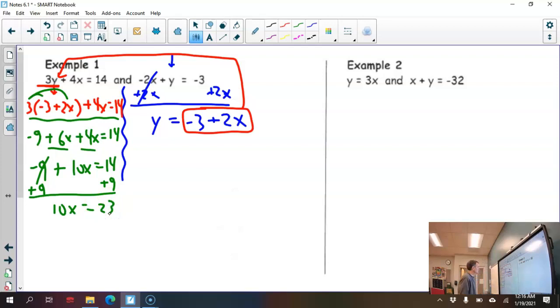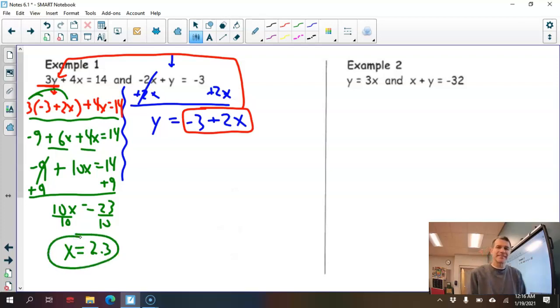Finally, I would divide by 10 and get x equals, well, I'm going to make it a decimal, 2.3. I could leave it as a fraction, but because it's a nice decimal, I'm going to make it a decimal.